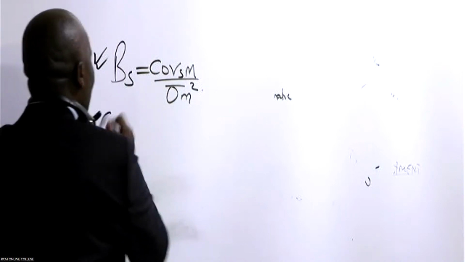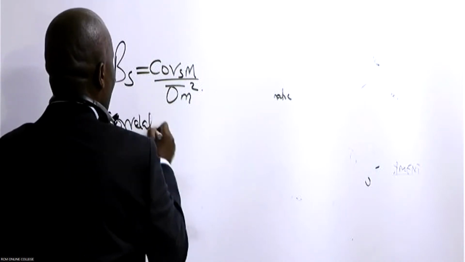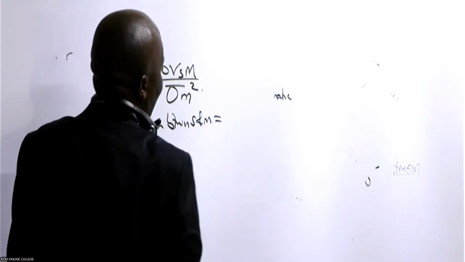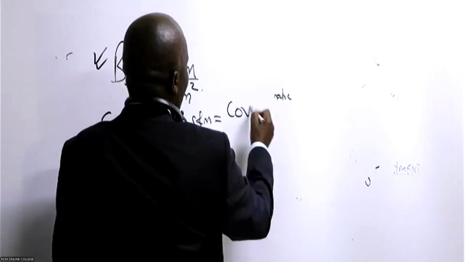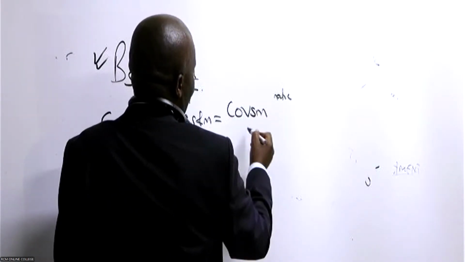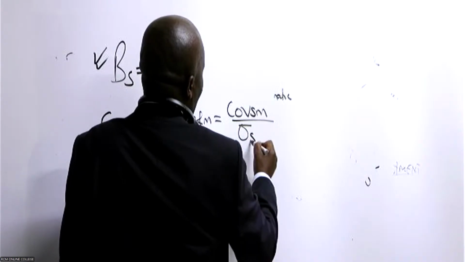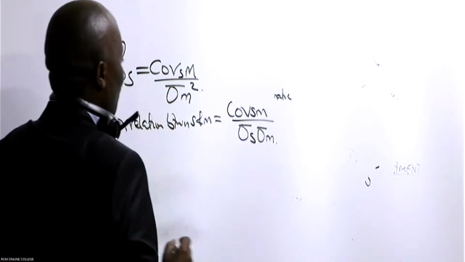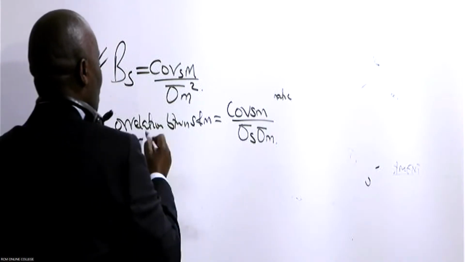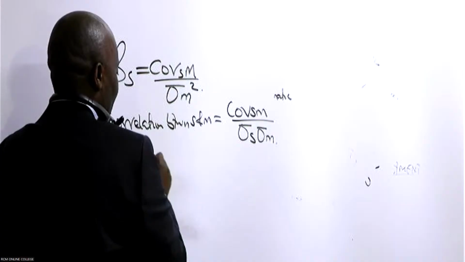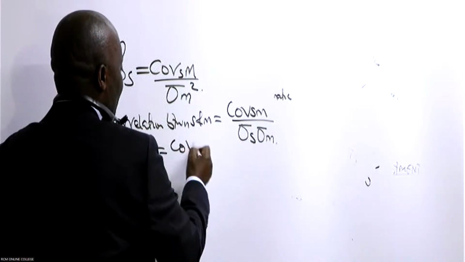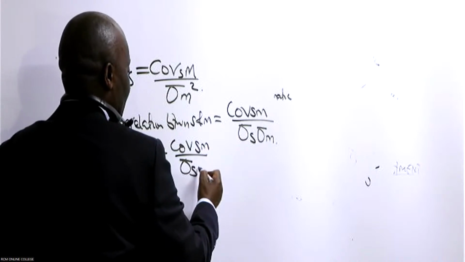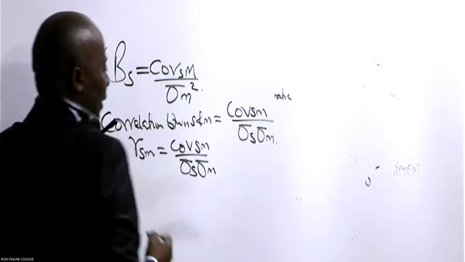If they want us to give them the correlation between S and M, we take the covariance between S and M divided by the standard deviation of S times the standard deviation of M. So please write it like that: correlation SM equals covariance SM divided by standard deviation of S times standard deviation of M.